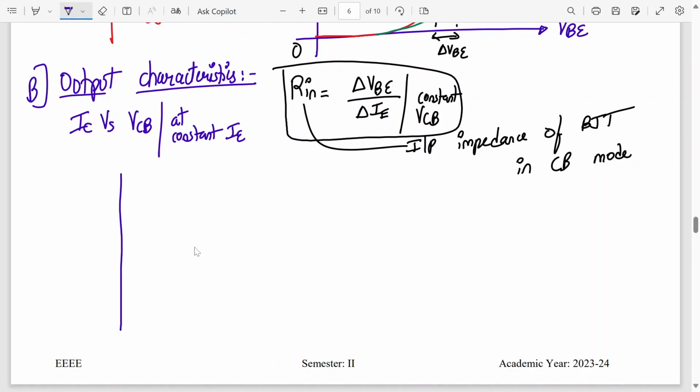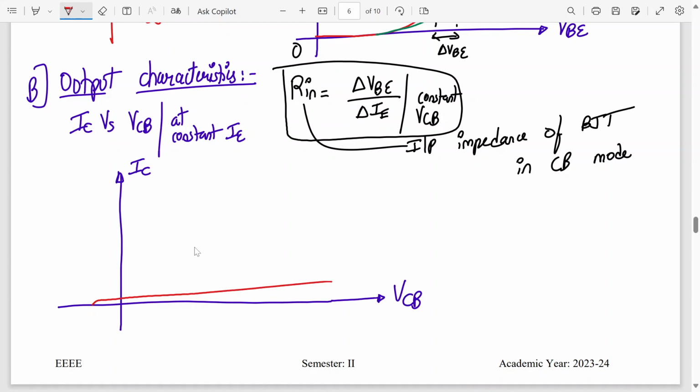Here, let me plot the family of curves together. It's a graph of IC versus VCB, and it goes to negative also. It starts from here, up till here is almost constant. Let me keep some distance.